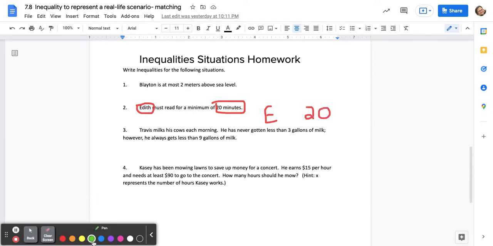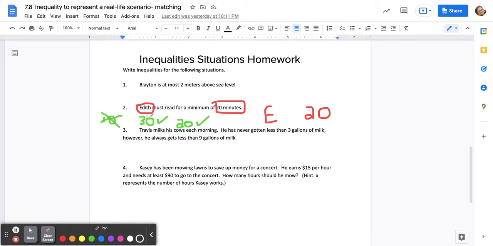Let's look at examples for E, numbers that we know will work. If it's a minimum of 20 minutes, I know that if she reads for 30 minutes, that's going to work. If she reads for 10 minutes, that's not meeting her minimum. And 20 will work as well.